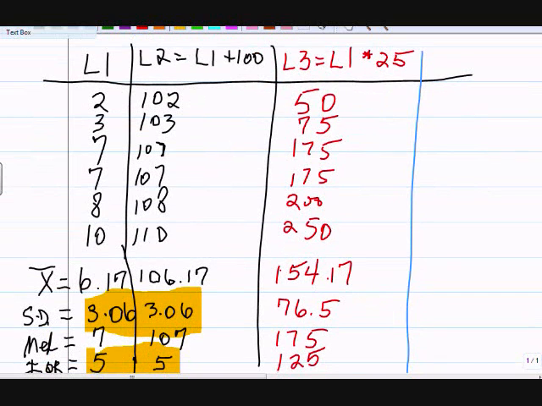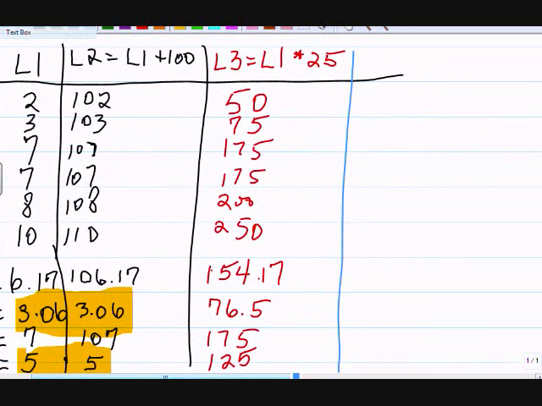So let's see if we can predict what's going to happen. We'll put this in list 4. If we take our list and multiply it times 5, multiply by a scalar, and then add on 10.